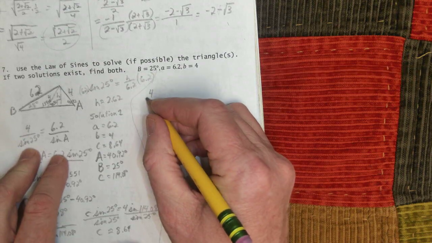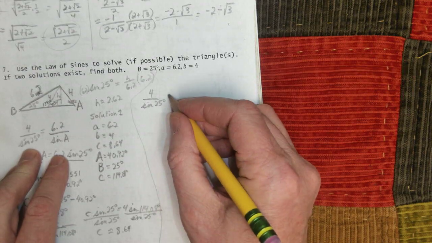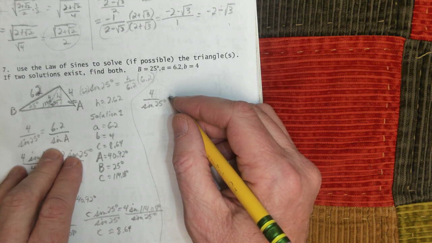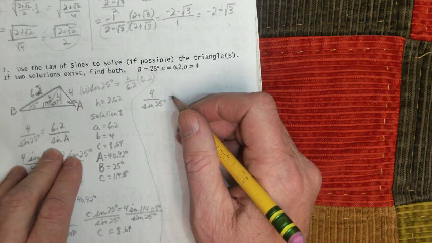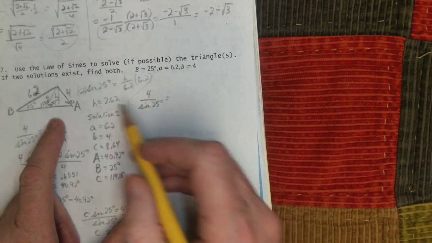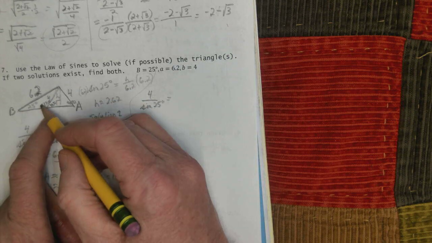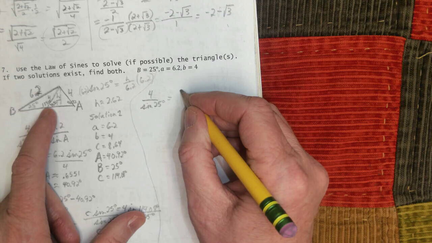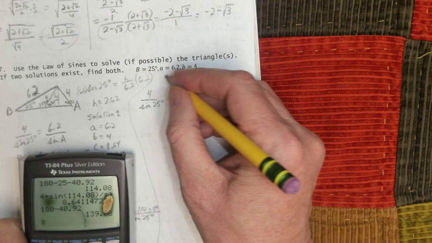So 4 over the sine of 25 degrees equals, let's see. Okay, so 4 over sine of 25 is equal to our new C in the new triangle. And I don't know the length of this side. Okay, perhaps I should calculate angle C.